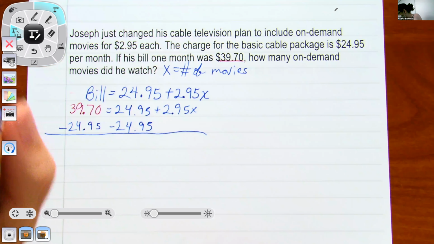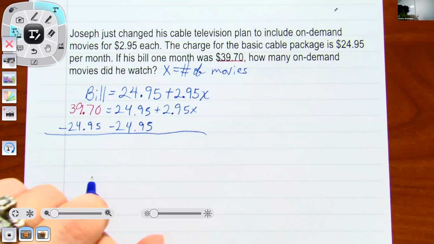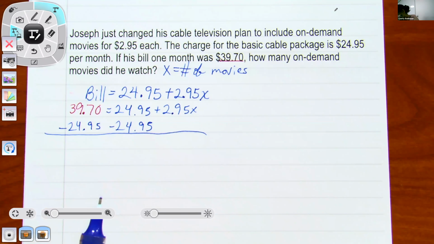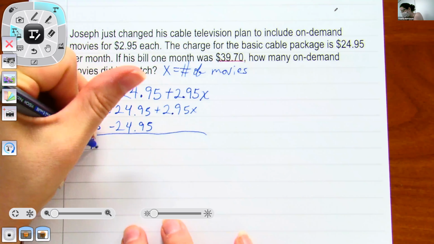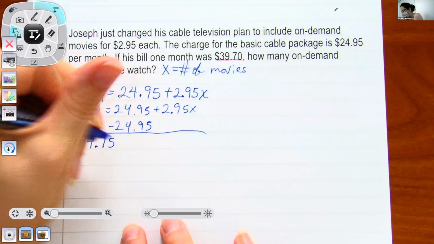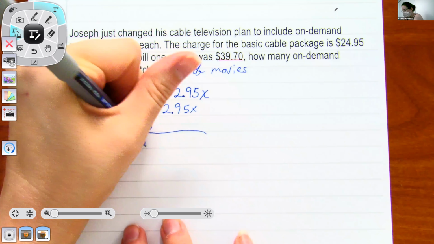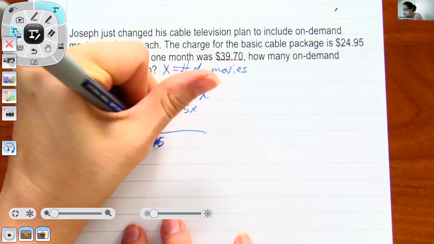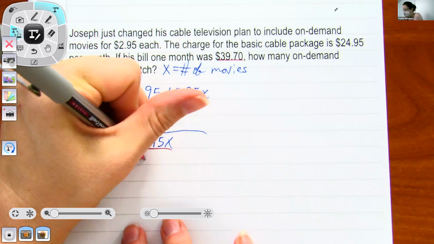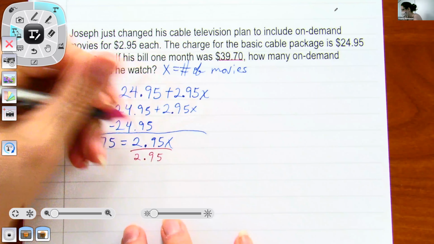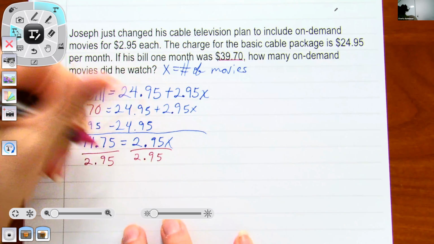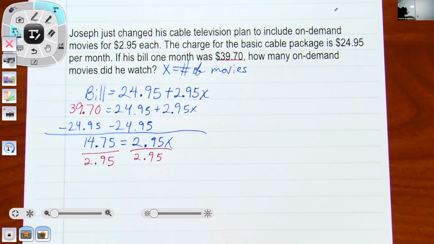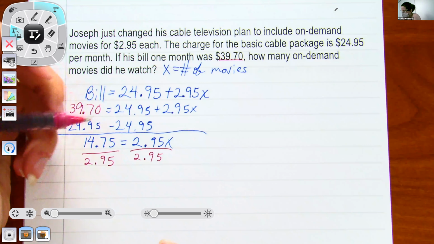So $39.70 minus $24.95 is $14.75. So $14.75 equals $2.95X. And then I would just need to divide both sides by $2.95. That's 5. So 5 movies.